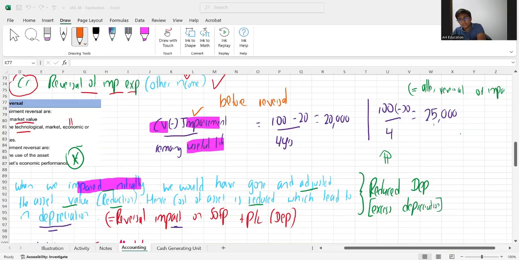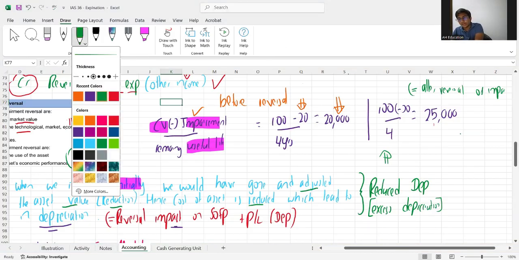See, what happened is because of impairment, we had a cost of 100. Okay, for an example, you had a cost of 100. From that, you will go and deduct your impairment expense. So because of that, your cost would reduce. And because of the reduction in cost, your annual depreciation also will fall. How am I telling it's falling?